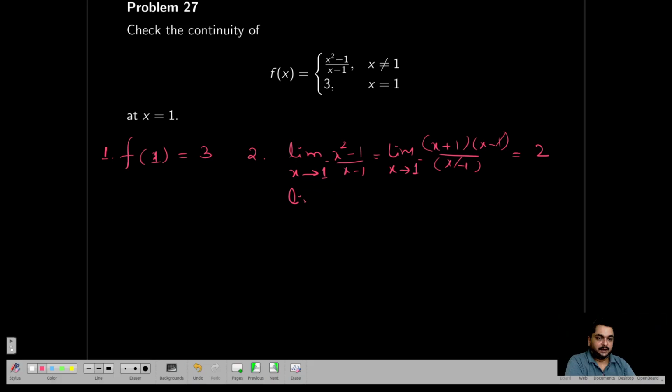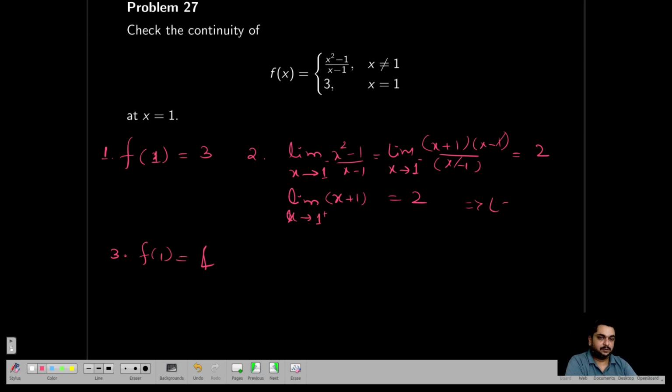Now similarly, right hand limit, x approaches 1 plus, is x plus 1. To simplify that, again this will be 2. So that means what? Third step, f of 1 should be equal to L. So the L value is 2 here, right?